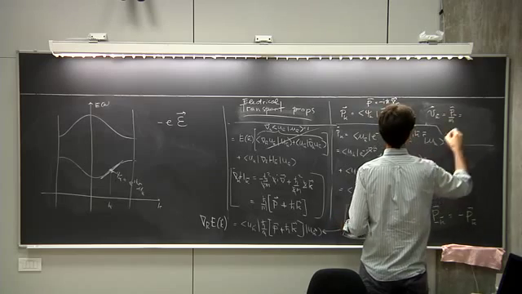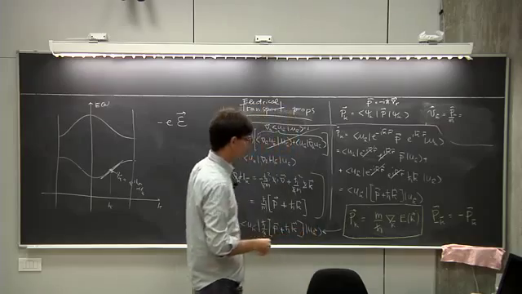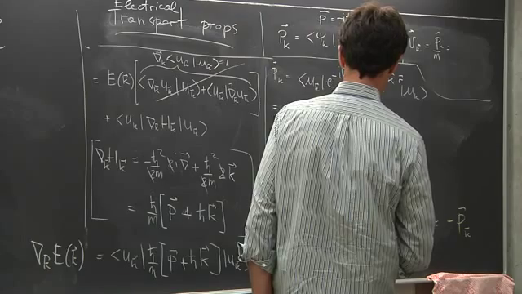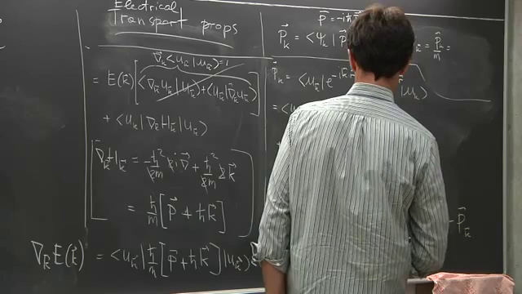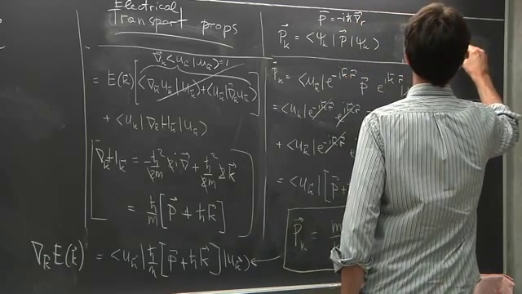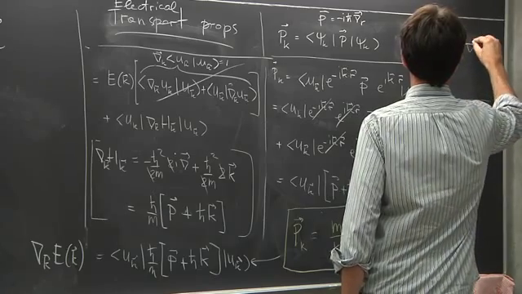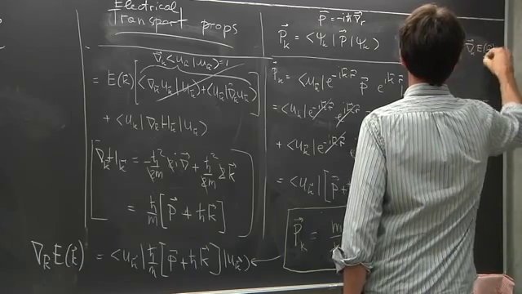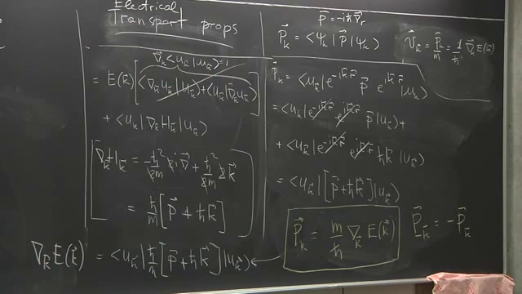So this is just an additional m. v of k is 1 over h bar gradient of k, right? Yeah, the velocities are opposite.